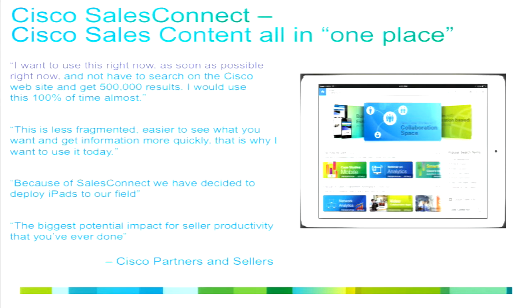They feel it's less fragmented, and the second one from the bottom I know is really popular in Cupertino. Because of Sales Connect, we have decided to deploy iPads to our field. So these come from primarily our external sellers, but it's really seen externally and internally as a way that is going to boost the productivity of the sellers, because now they can find content that they couldn't find before because the website had too much data.